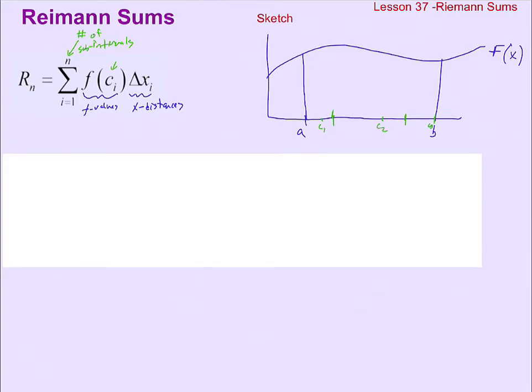So what we're going to multiply is the y value at that spot. So I just need to find the y value. I'm going to follow that up here. That's the y value. And I'm going to multiply that y value times the x distance of the entire interval. This is the delta x. And the height of this rectangle is the y value, f of c sub i. And then I'm going to do it again at another y value.